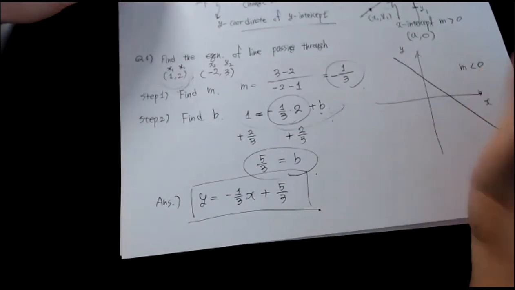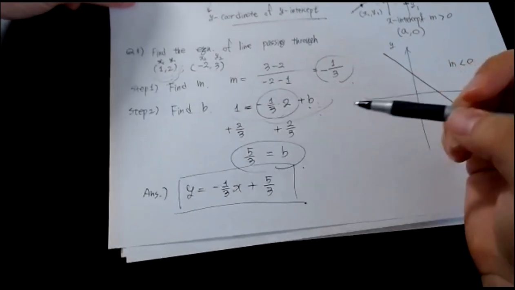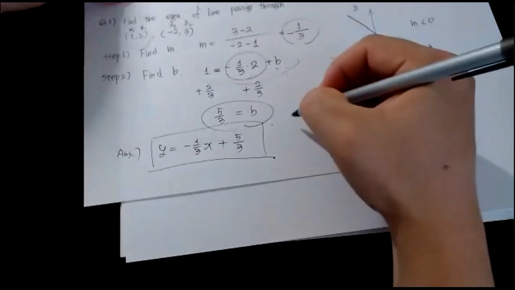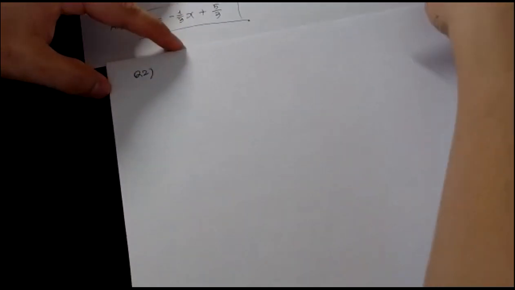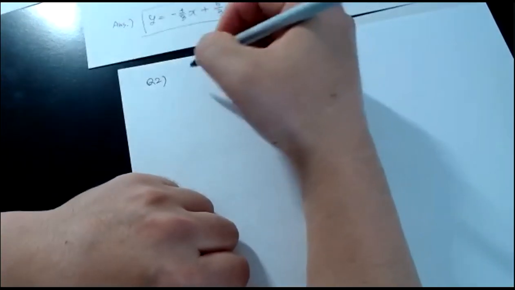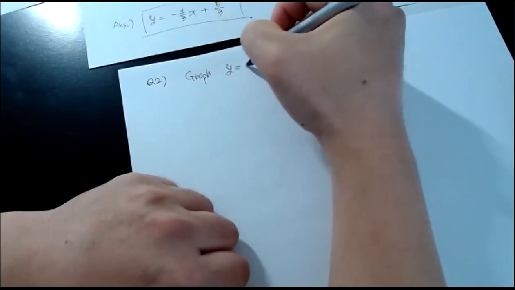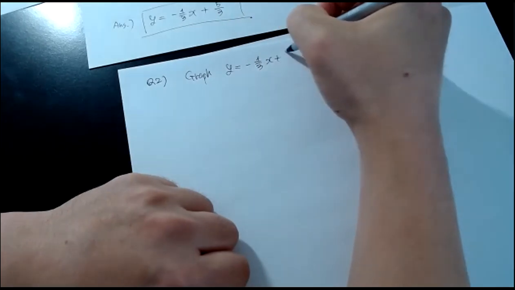But for this problem, for example question 2, give me a second, let me write it down and adjust the focus. Okay, all right, it works. Graph y equals negative 1/3 x plus 5 over 3.